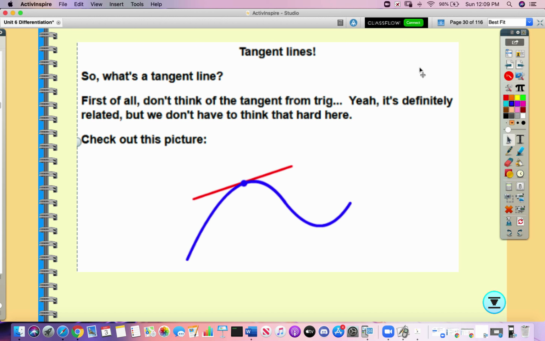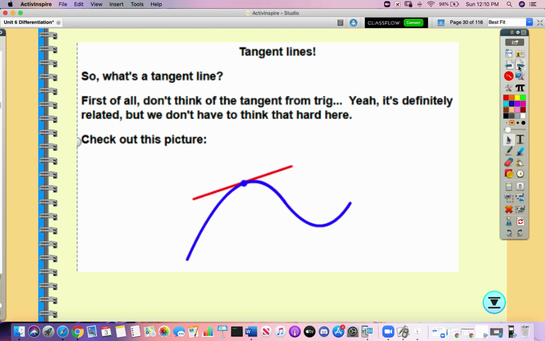So let's not think about tangent from trigonometry. They are related, but we're not going to be thinking that hard at this point. So look at this picture. Obviously, it looks like right here at this point, we've got our tangent line. They look really different.